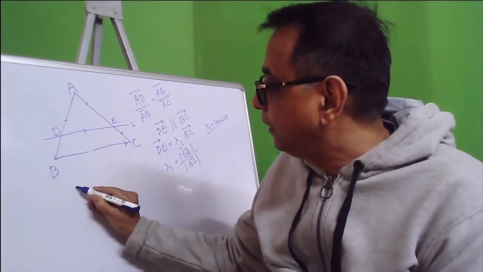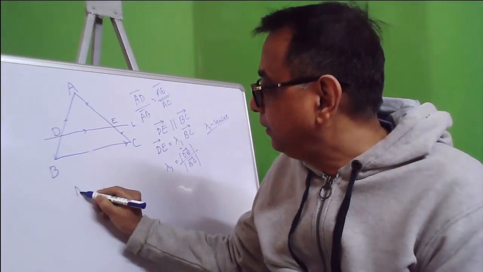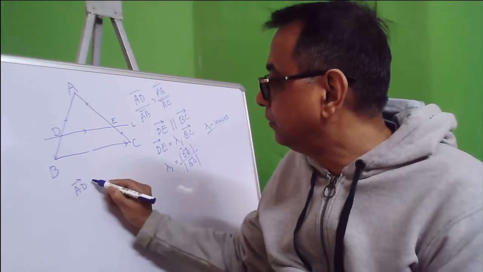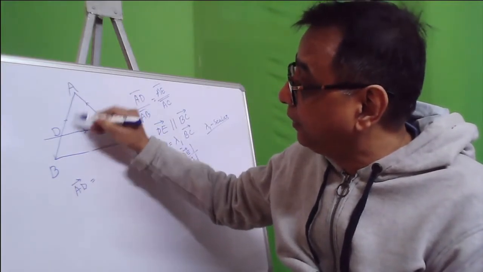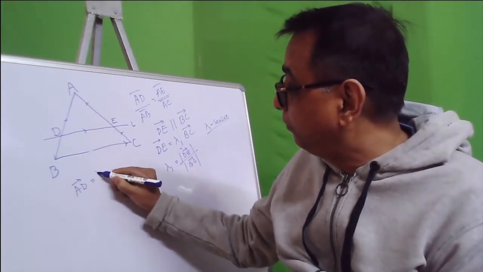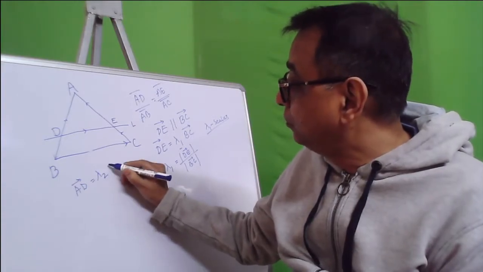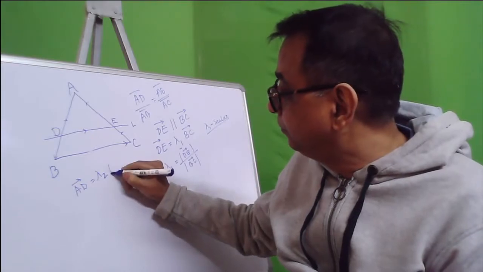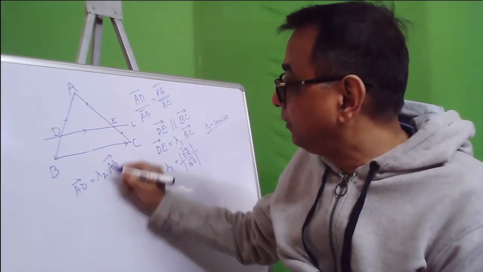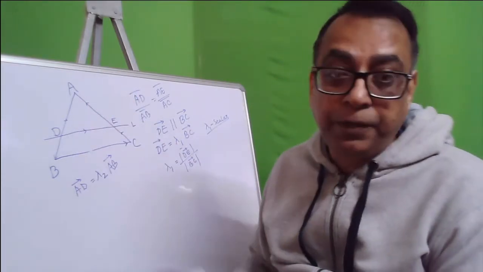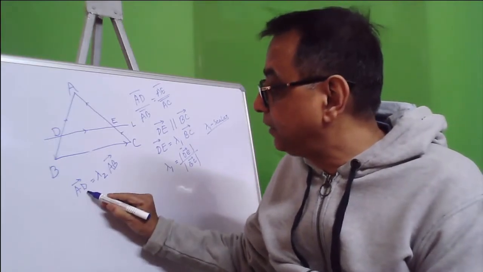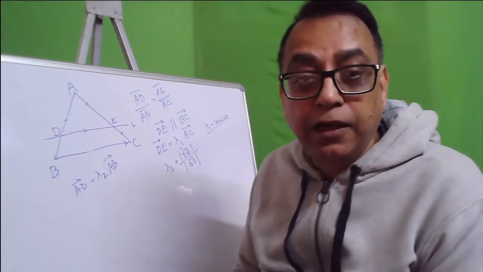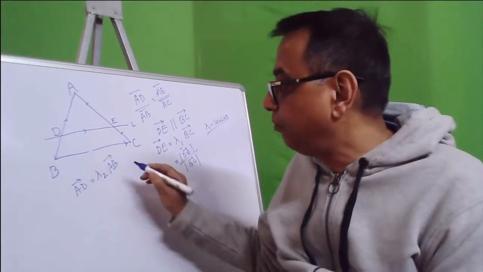Similarly, let's say vector AD is equal to lambda 2 into vector AB. Why could we write this? Because AD and AB are parallel, so I can represent AD as a scalar multiplication of AB.